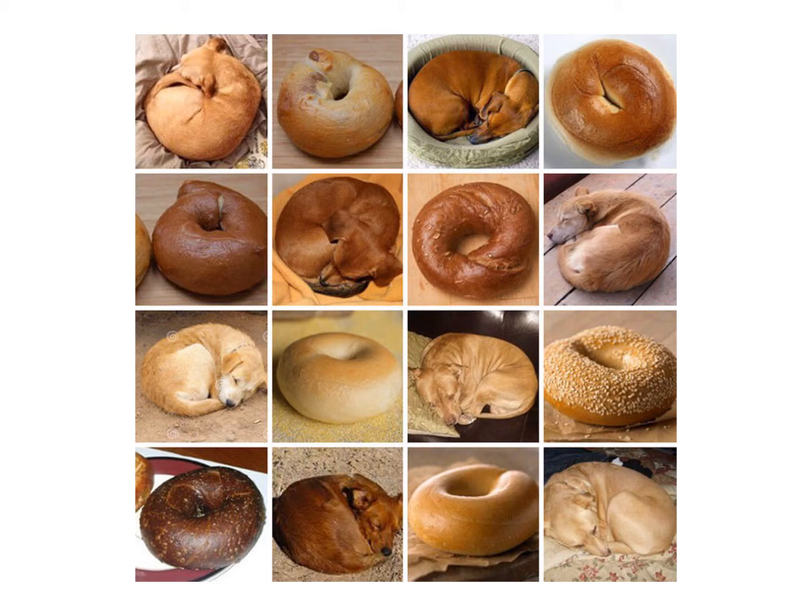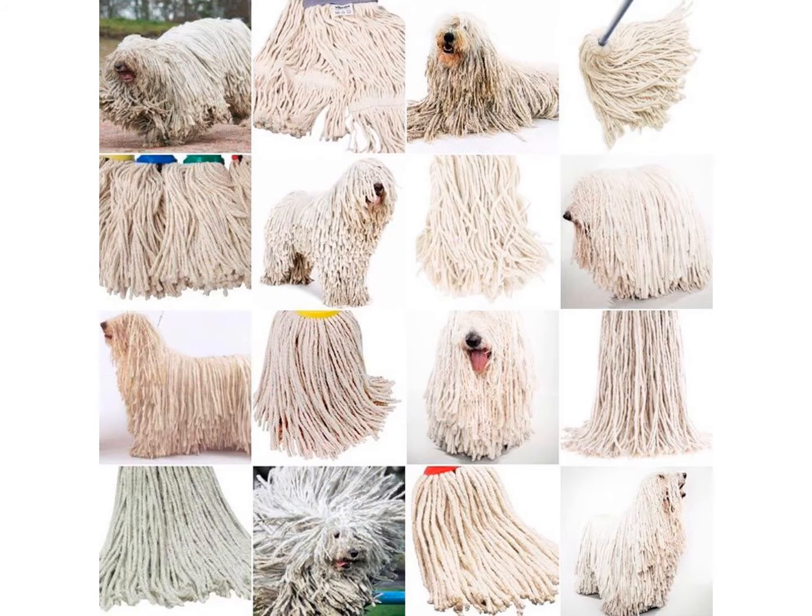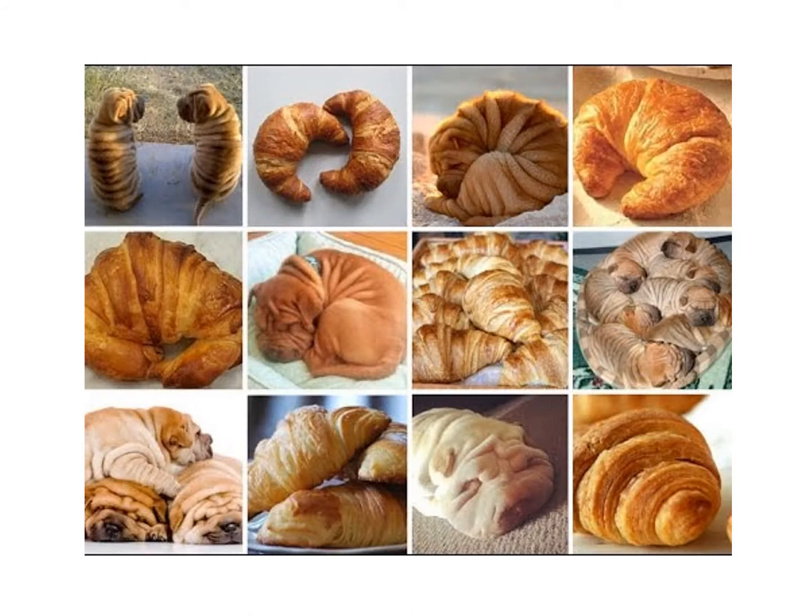Because if you're doing a rule-based algorithm and you don't make it very explicit to your computer, then the computer doesn't know, because it will just follow the information you give it. Similarly, here's a map, and a map can look very similar to a dog, or a dog can look very similar to a map. And also a croissant.